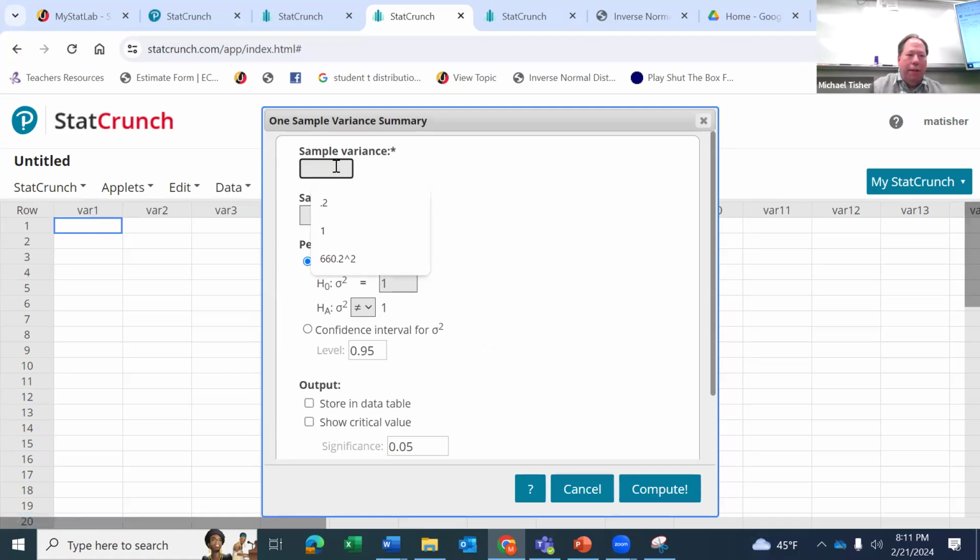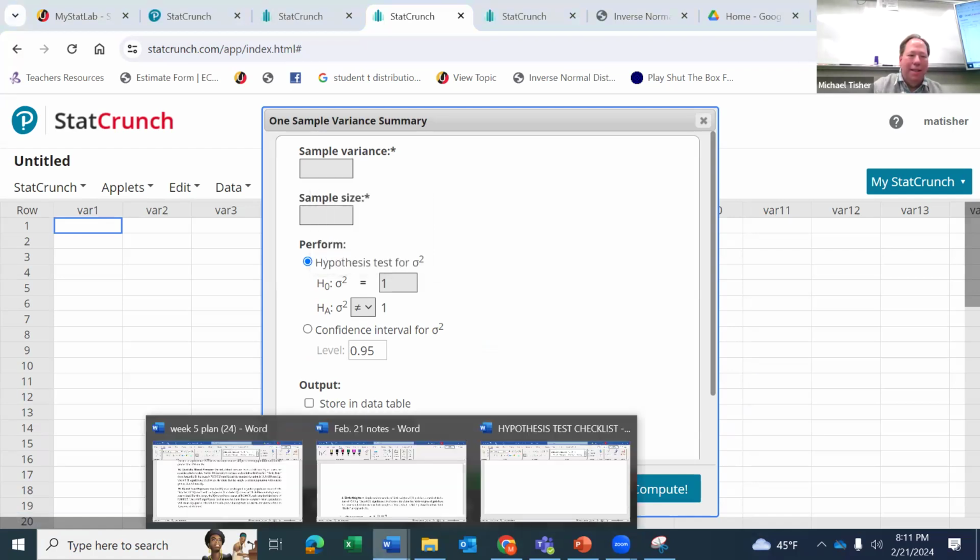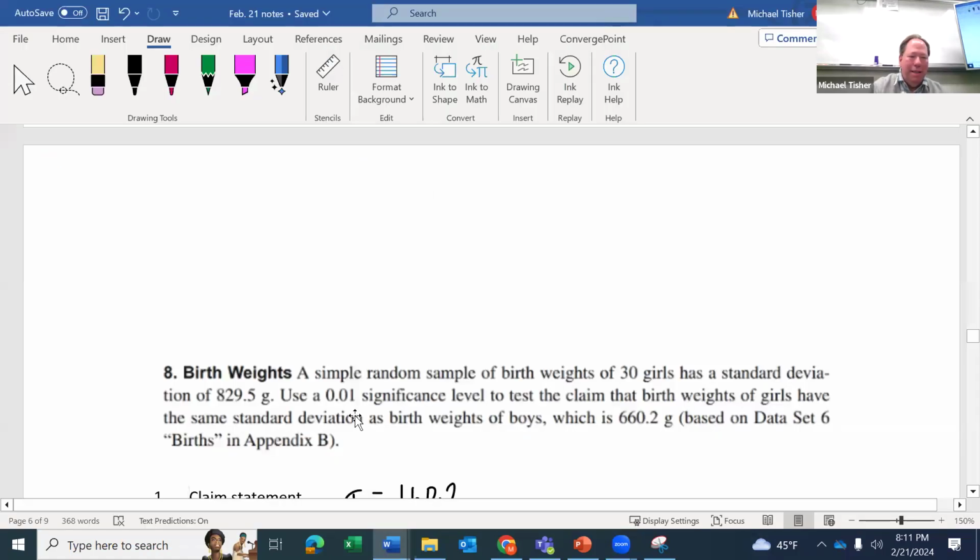We'll put in the sample variance. Now, what's the sample variance? Do you know? Well, let's say the sample standard deviation is 829.5, but we need the variance. How can we get that? Square it, yes. Now, do you know what the best thing about StatCrunch is? We don't have to square it because we can enter it in like this.